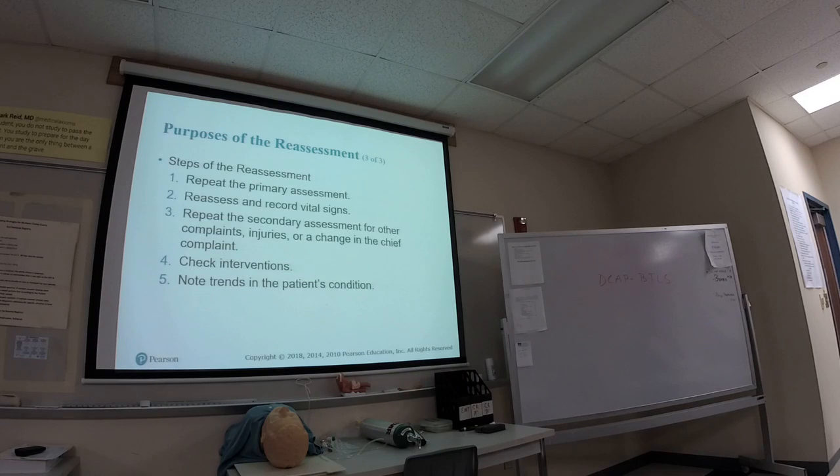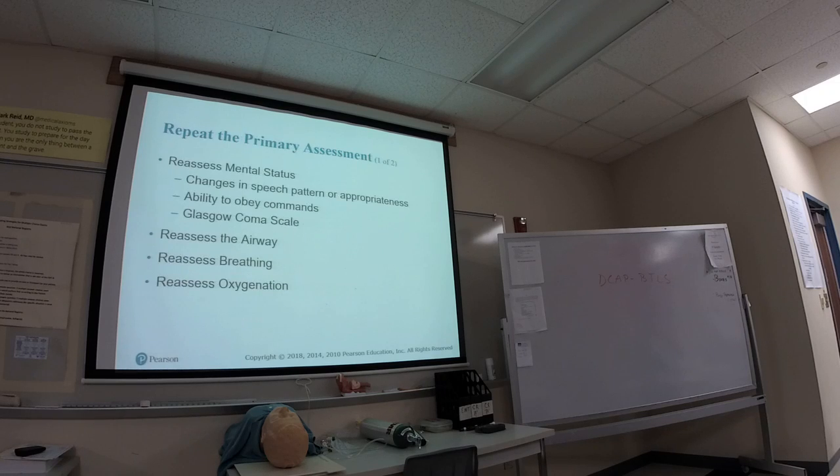Okay. So reassess, record your vital signs, make sure that you're looking for trends, negative trends, okay? Check to see if your treatment is doing any good. Abrupt changes in speech patterns. They could all of a sudden have a stroke, right?